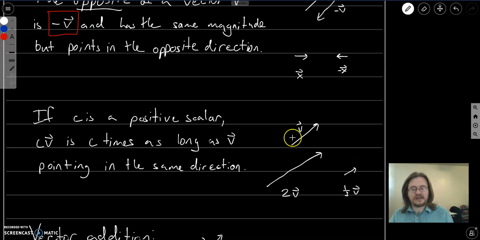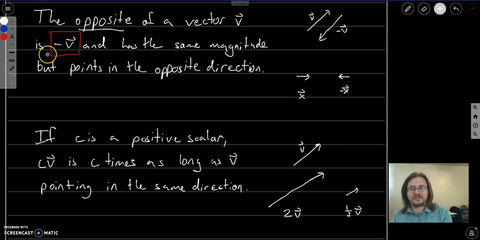So multiplying a vector by a scalar, by a number, if it's a positive number, you're going to be pointing in the same direction, but we're just going to scale the length of it. It might be twice as long, might be 1/3 as long, and that's all there really is to it. If it's a negative number, we end up flipping it over, so that it's pointing in the exact opposite direction.